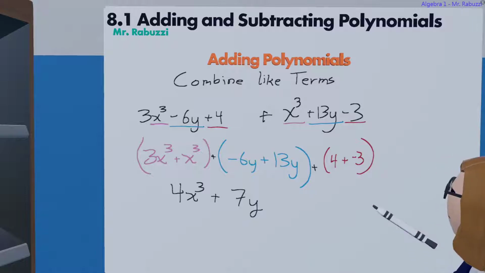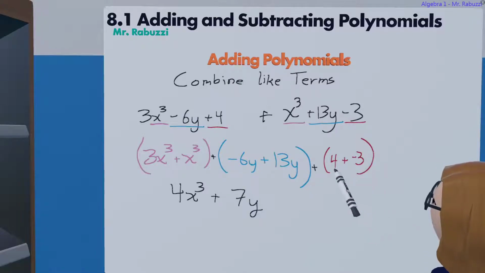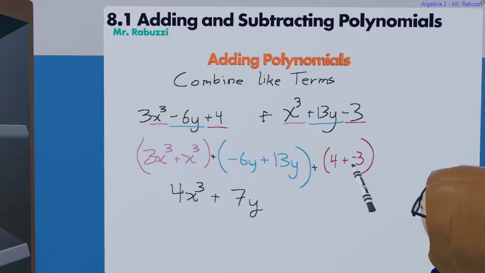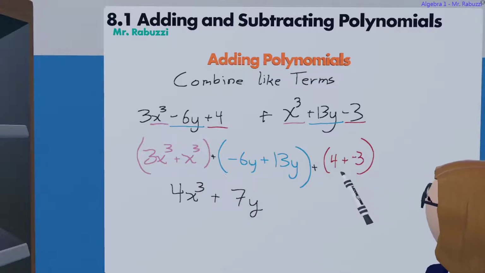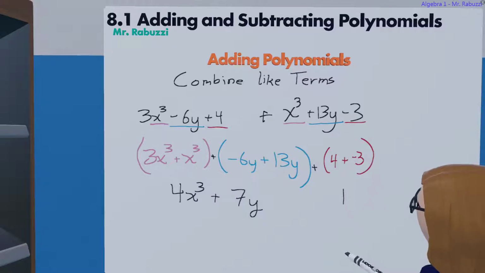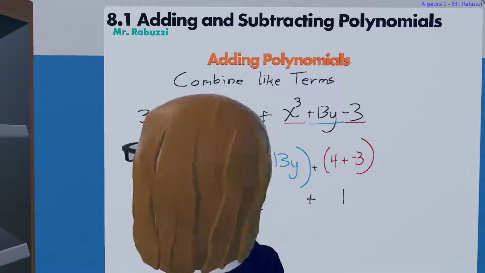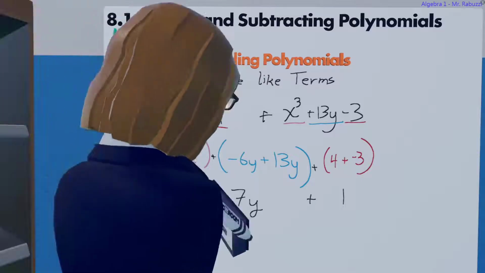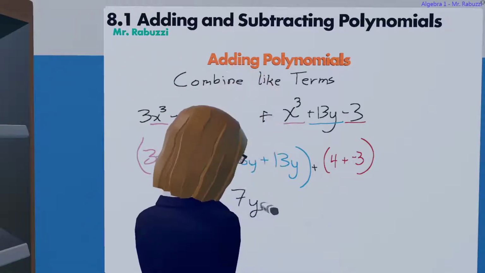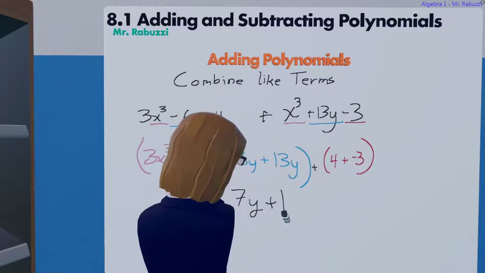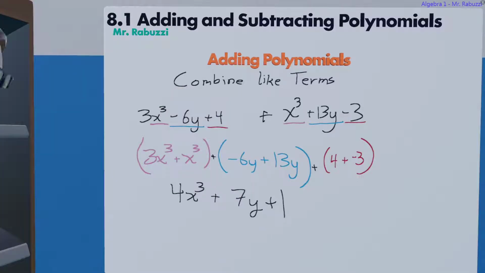Then our plain numbers. 4 plus a -3. So remember, plus and a minus next to each other, that just means minus. So 4 minus 3 is 1. And that's a positive 1, so my plus just comes down. Okay. And actually, I'm just going to move this guy over. Plus 1. And there's my final answer.